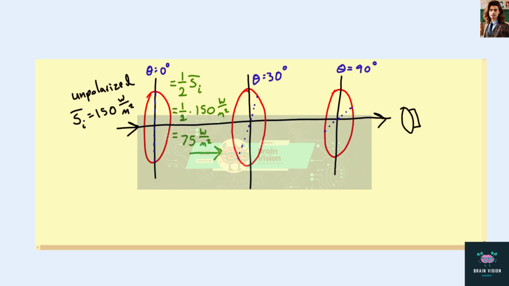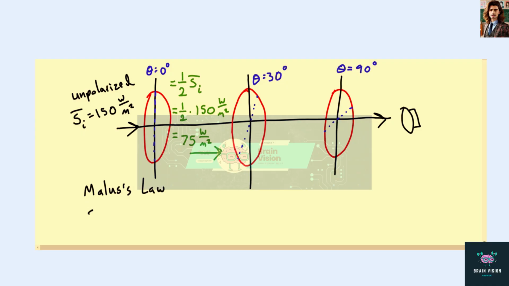So now we have polarized light with this specific intensity hitting a polarizer that's at an angle 30 degrees relative to it. Because we have polarized light traveling through a polarizer, getting more polarized light out the other side, in this case, we're going to use what's called Malus's law.